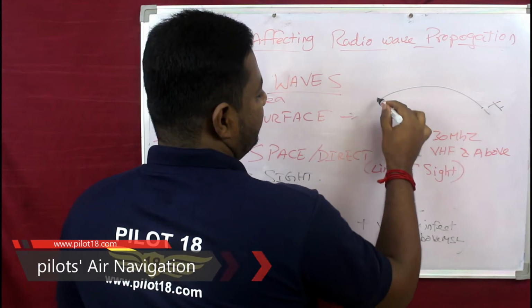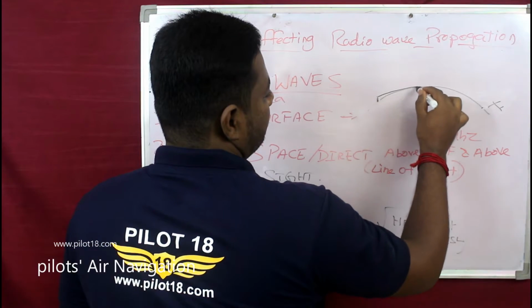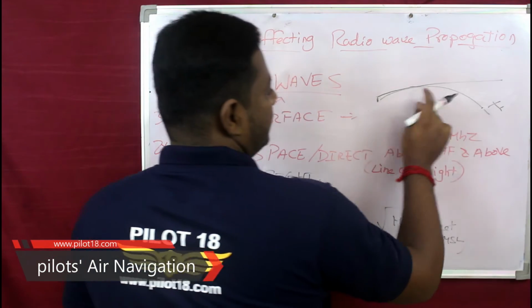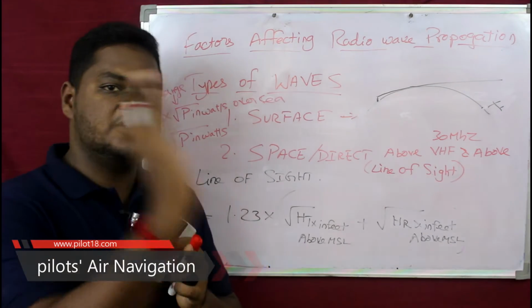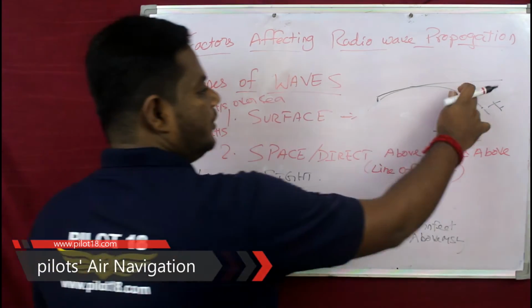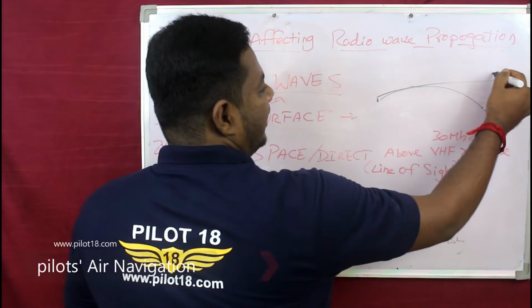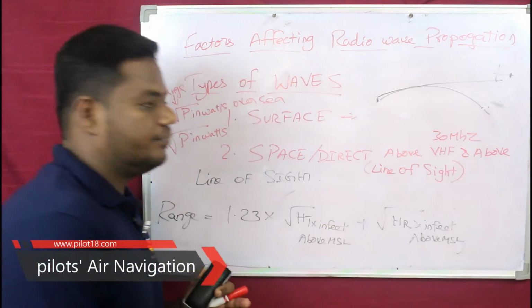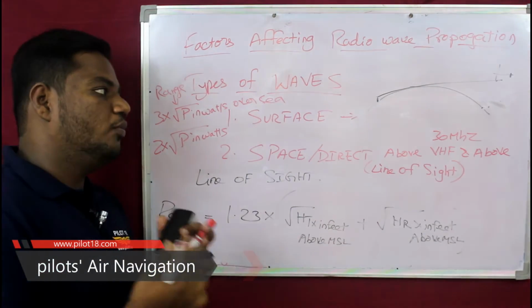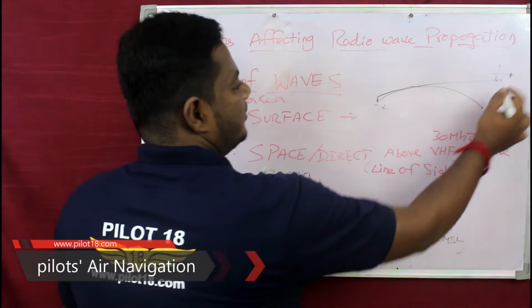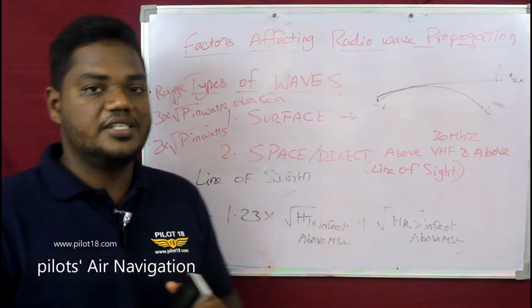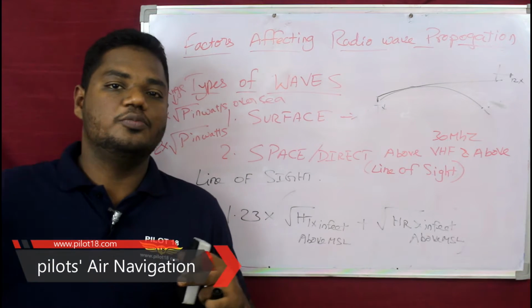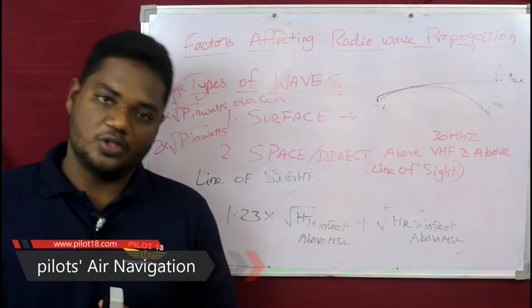Now if I send a signal, I cannot reach the aircraft because it is below my line of sight. Space wave or direct wave just travels direct. So if I want to catch the signal, I have to fly higher, right? So if you are at more distance, this is the transmitter and this is the receiver or aircraft. If you want to receive the signal over a longer distance, you need to fly high.